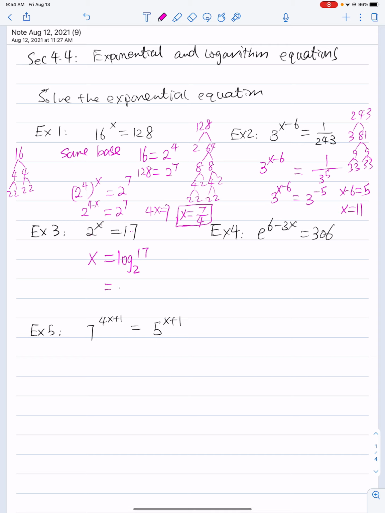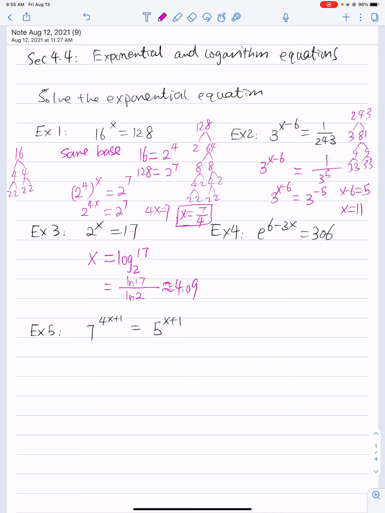We use the change of base formula: ln of 17 over ln of 2. You can use your calculator, it's 4.09.